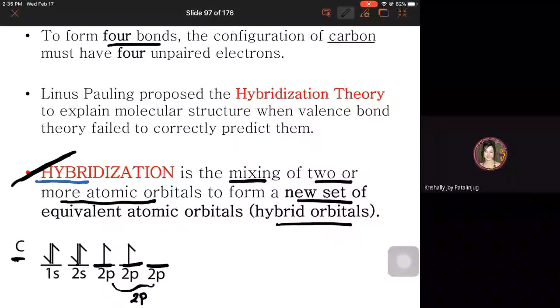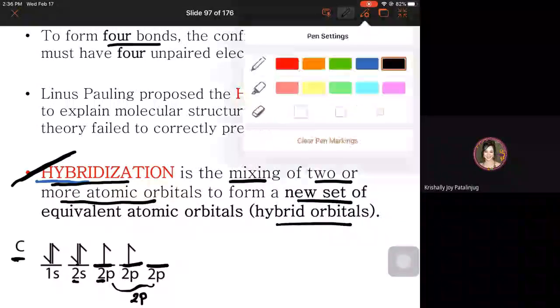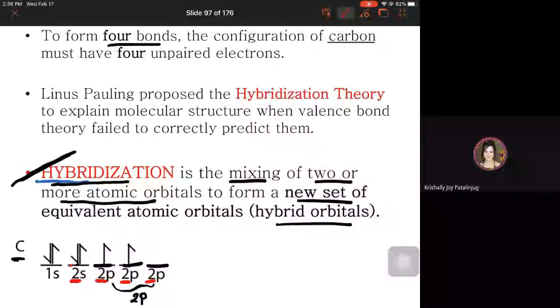Kailangan natin ng 4 na bonds. Para mabuo yung 4 na bonds, kailangan natin ng 4 na unpaired electron. So, magsisimula yung hybridization, yung combination mixing, sa highest energy level. Dun lang magsisimula. So, simula tayo sa S, sa 2s.